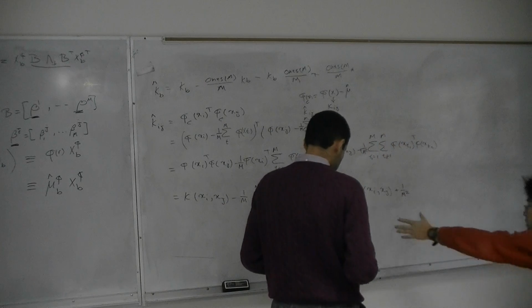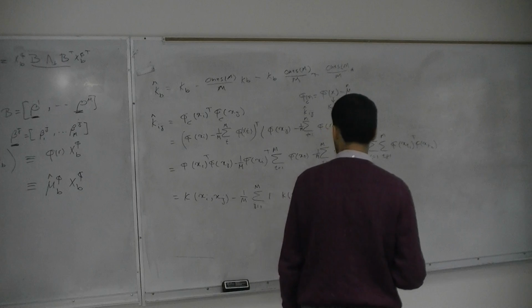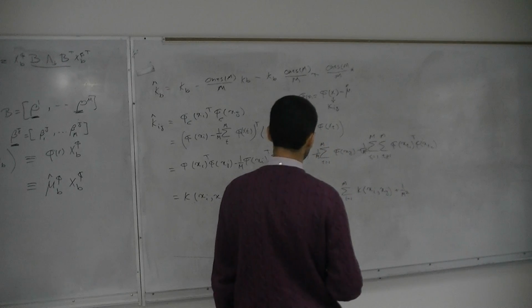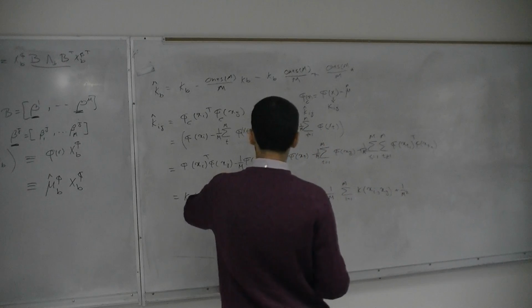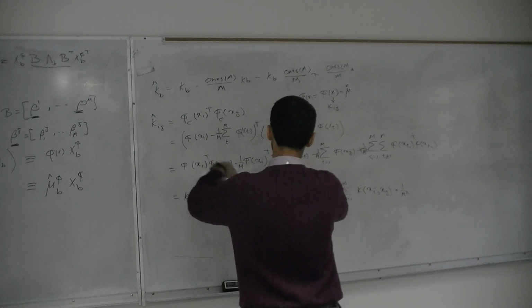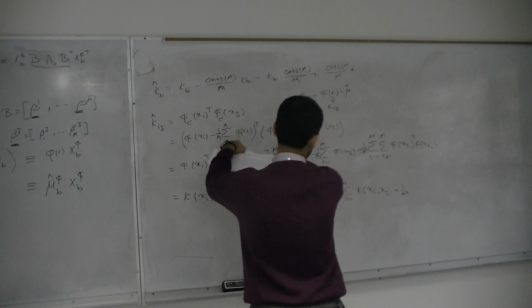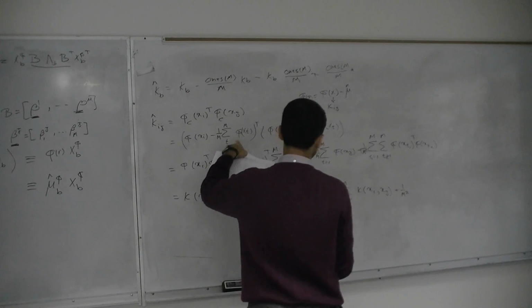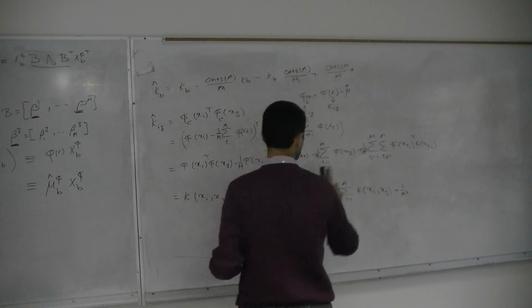How do you get this thing? It's the multiplication of this term to this one, and this one to this one.